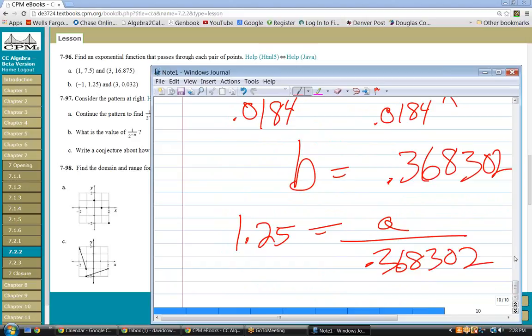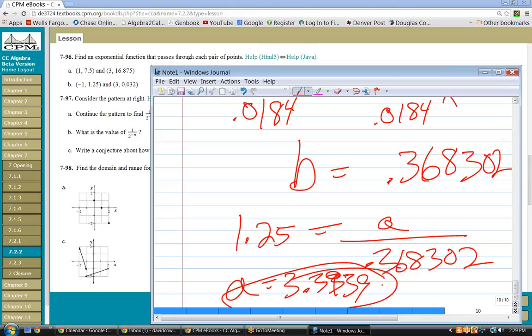So A is equal to 3.3939. So I have A and I have B.